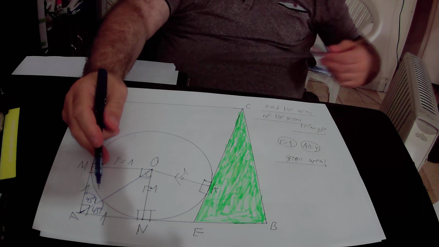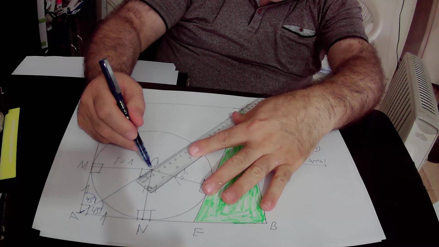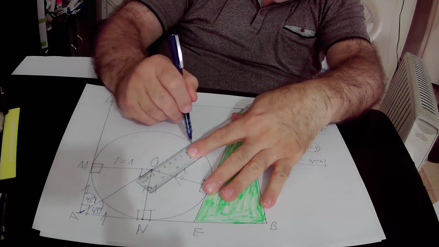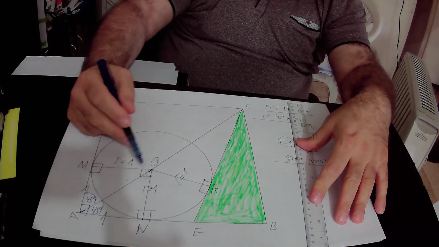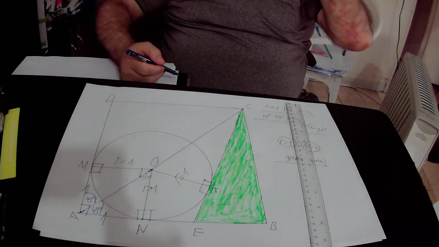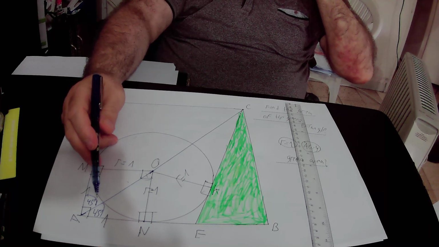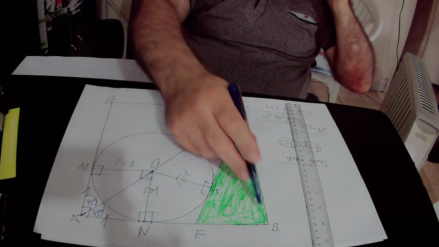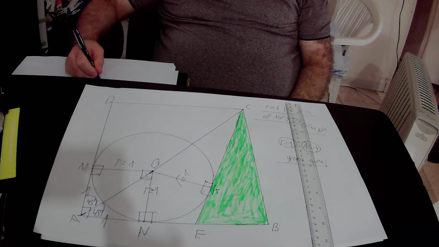So the diagonal CA of square ABCD, the big square, divides this angle into two angles of 45 degrees according to rule number 6. That is to say, angle CAB equals 45 degrees according to rule number 6.